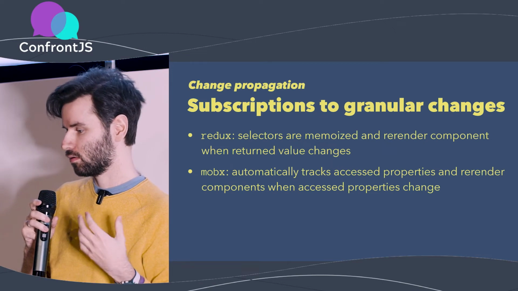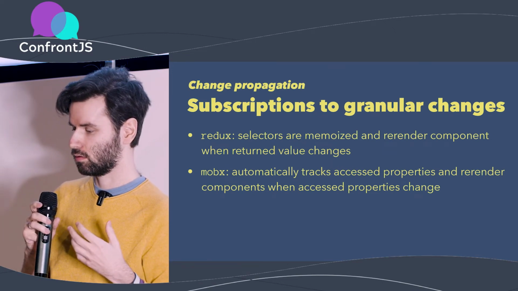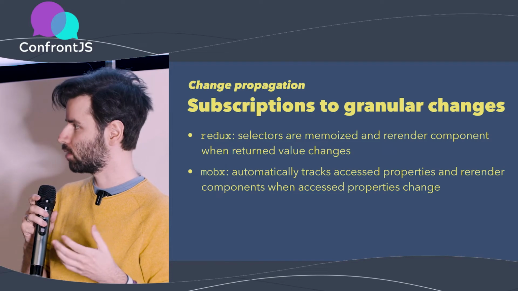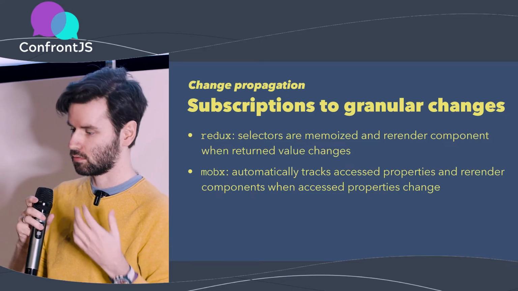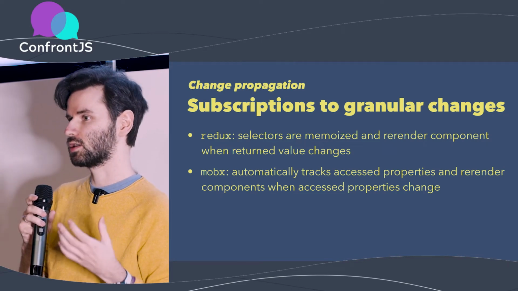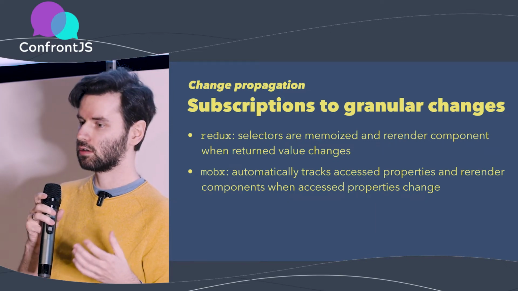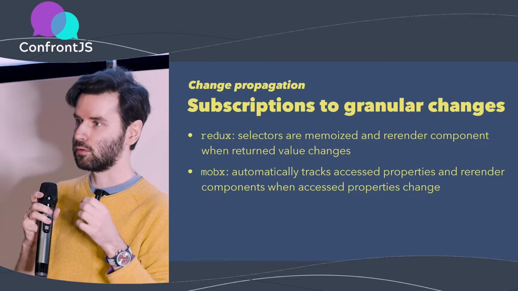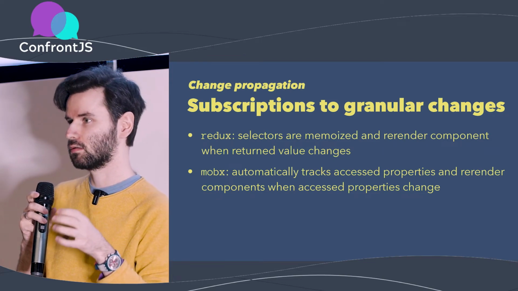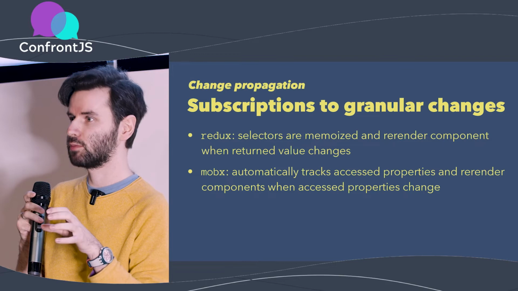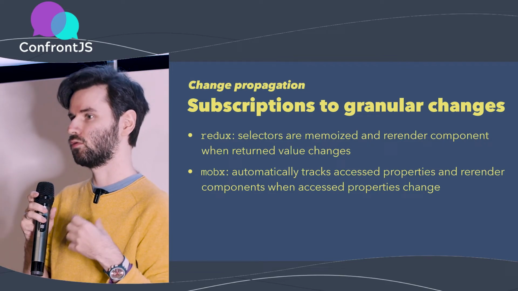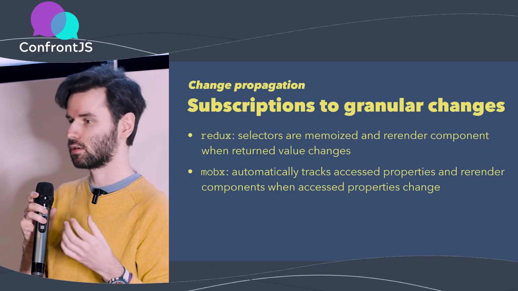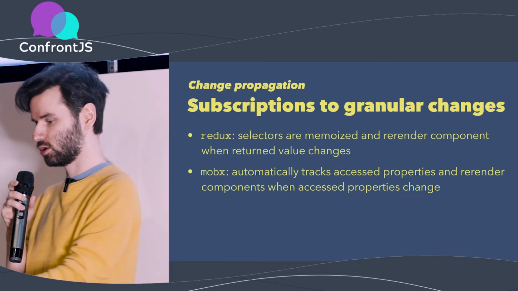Mobx does this all automatically. You don't need to write your own selectors or track anything. You just access specific properties in your component, in your render function. Mobx will track which properties you are accessing, set up some subscriptions behind the scenes, and later will notify and re-render your component whenever these properties change.